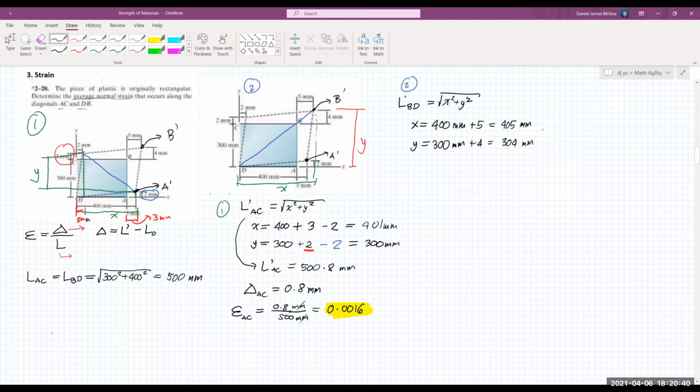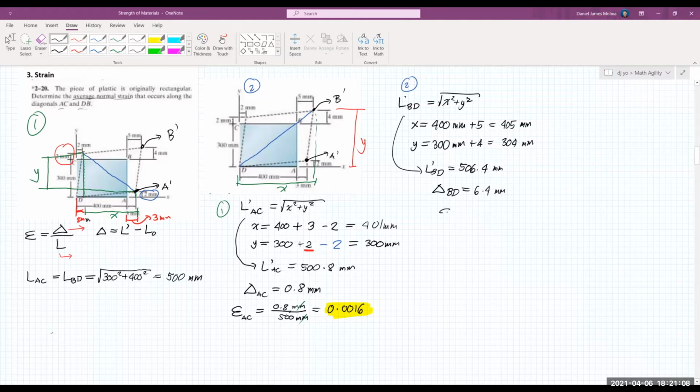304 millimeters. So from there, our deformed length BD is equal to, by using our calculators, approximately 506.4 millimeters. So therefore, our deformation of diagonal BD is 506.4 minus 500, so we have 6.4 millimeters.